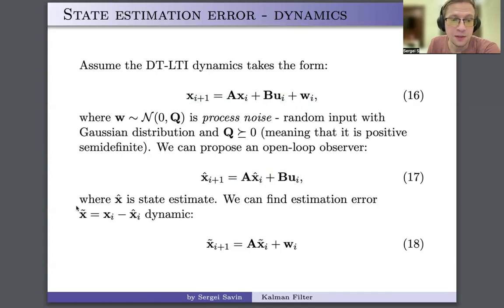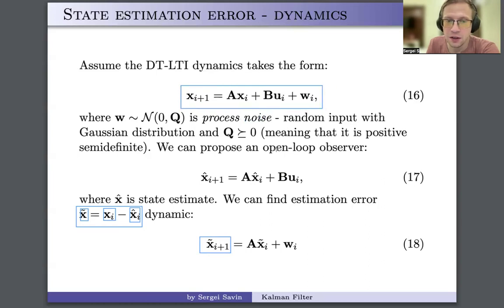Now we can find the estimation error. The error will be denoted as x tilde. It is defined as x minus x hat, so x minus x estimate. So x tilde would be given as the difference between this guy and this guy. So it is going to be Ax minus A x hat, giving us A x tilde, right?